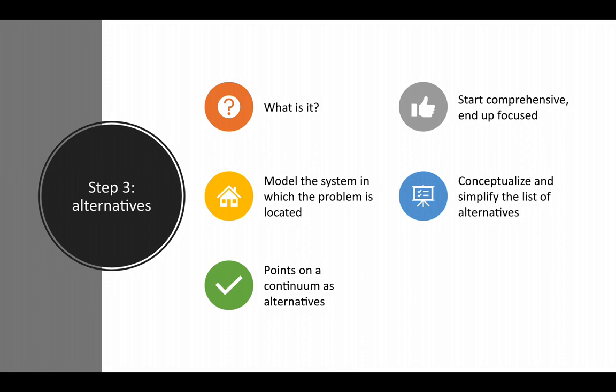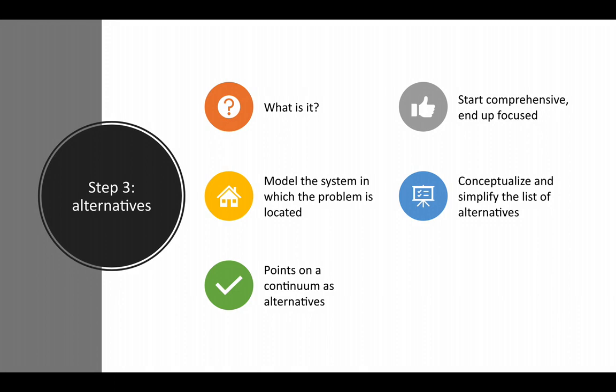So we are going to talk about what is a policy alternative. Generally speaking, we are going to start with a comprehensive list, right? Then we focus or narrow down. But how can we narrow this down? We need to model the system in which the problem is located, and we need to simplify the list based on our conceptualization.